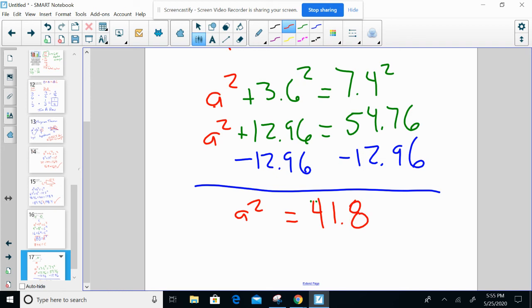All right, 41.8. Now to get the A by itself, you have to do the opposite of squared. So take the square root of both sides. It will be a decimal, and it'll be 6.47. So that is the length of that missing side.